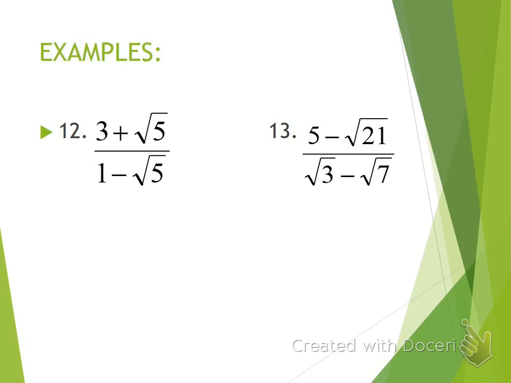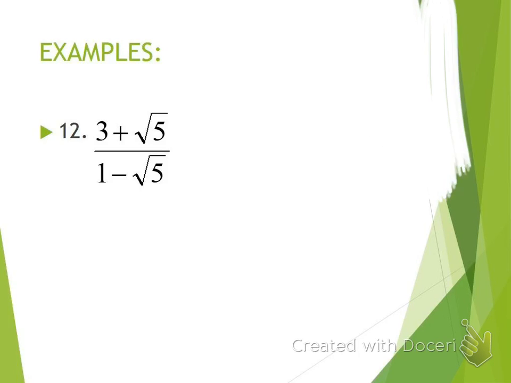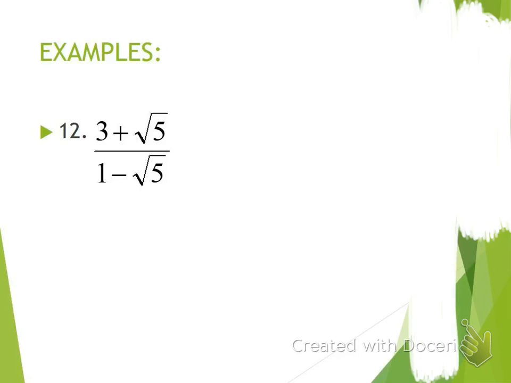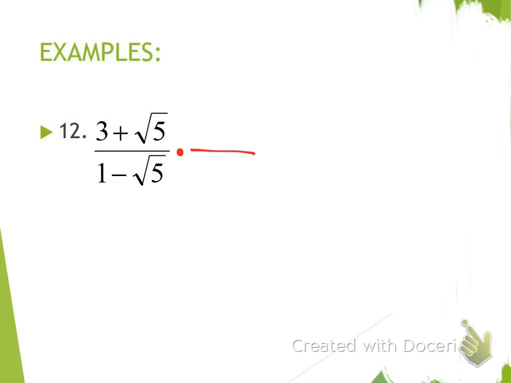All right, our first couple examples of this. I'm actually going to take away 13 while I do number 12, just so I have lots of space. The directions said, in order to do this, we multiply the numerator and the denominator by the conjugate of the denominator.